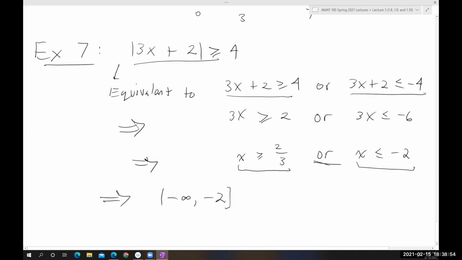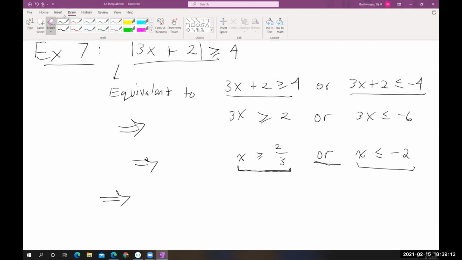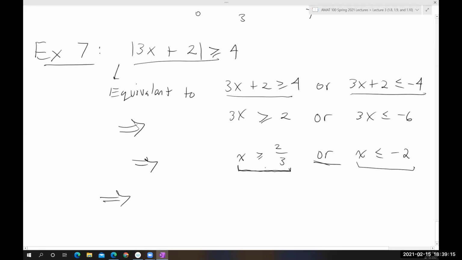So you look at this set. Well, how do I describe this set? This is all the numbers. Here, let me get rid of this first. So this first inequality corresponds to the set of all numbers which are greater than or equal to 2/3. Described set theoretically, you have 2/3 with a square bracket because you want to include 2/3, and then the other endpoint is infinity.